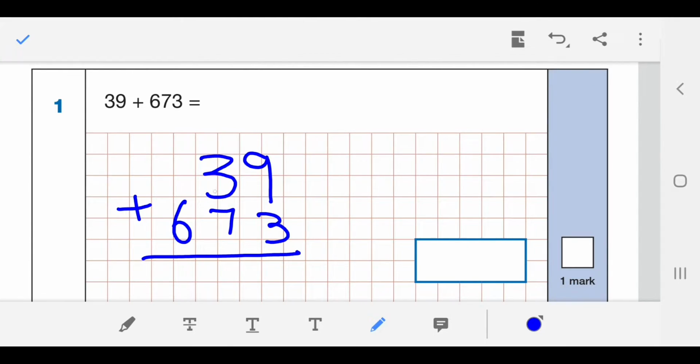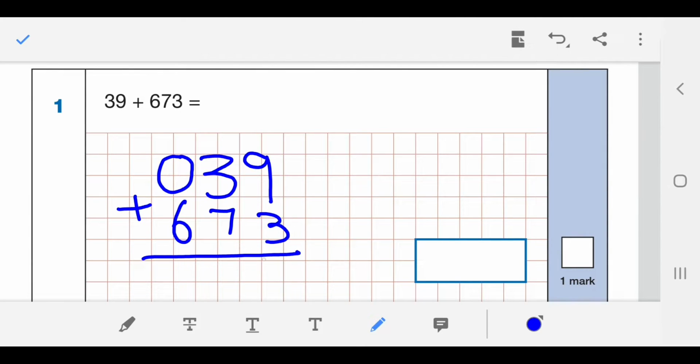Align the digits so that the place value is the same. This is the units, this is the tens, and for 39 we don't have any hundreds, so I can put a 0 there, which I have done.